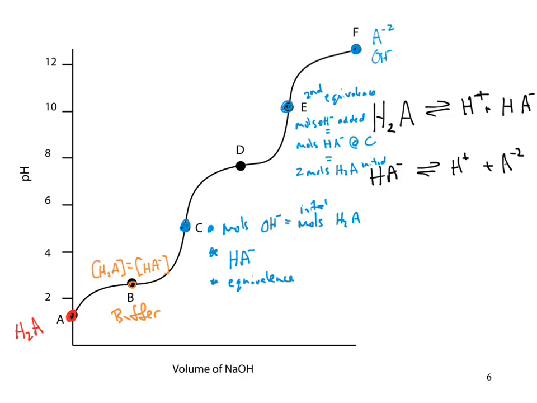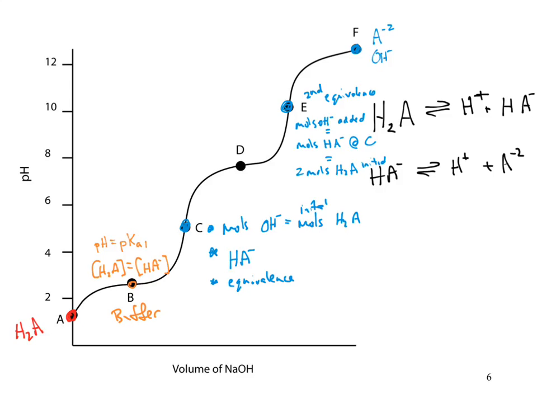Because of this equality, we now know that the pH at this point is equal to the pKa. We want to add a little bit more information because we see a second equivalence point, which means there's a second hydrogen. Which hydrogen was this one? The first one, so we'll call it the pKa1.